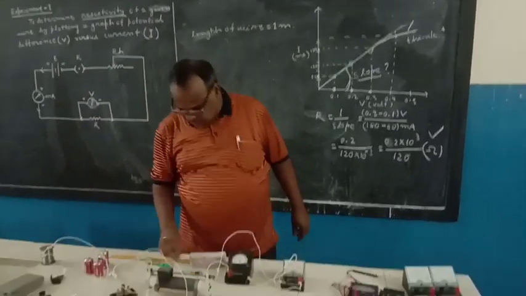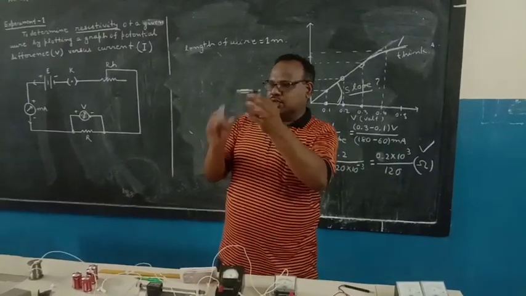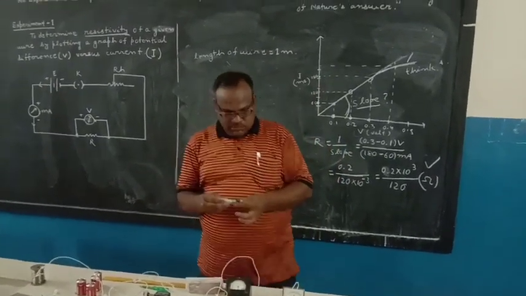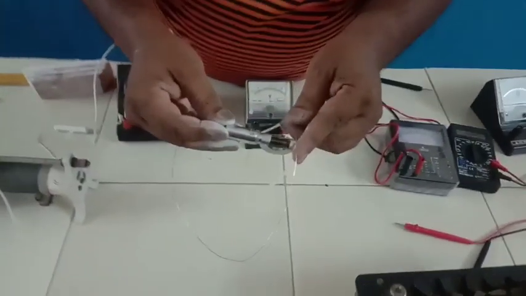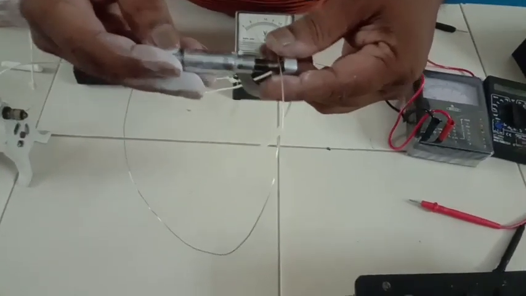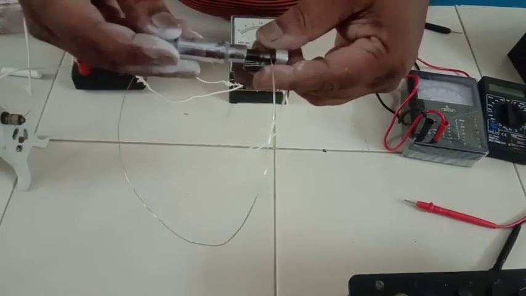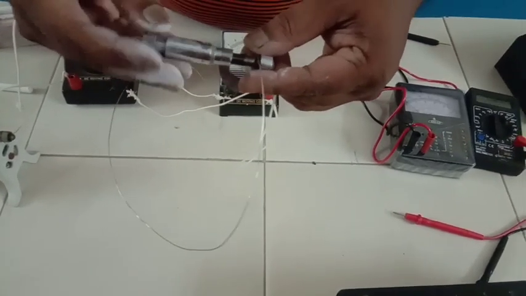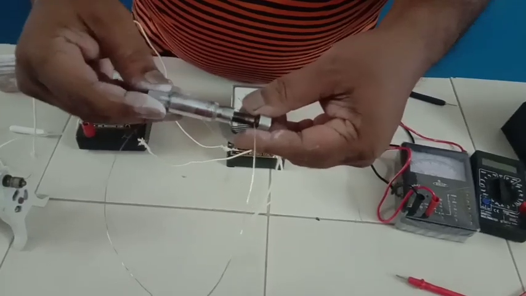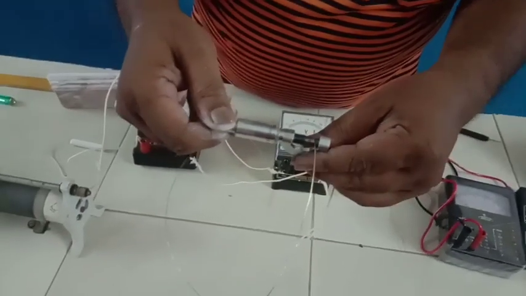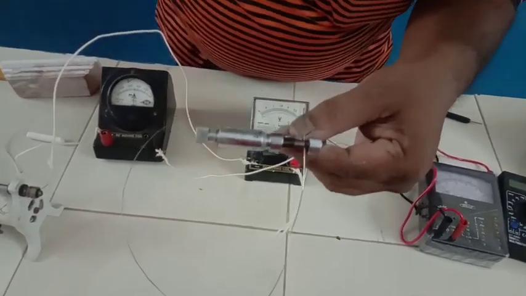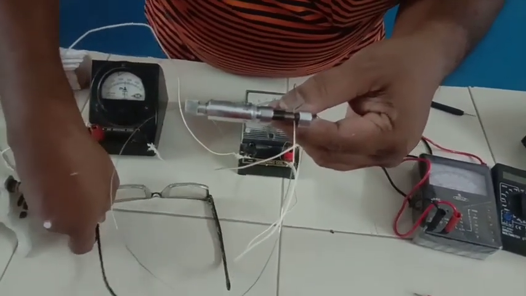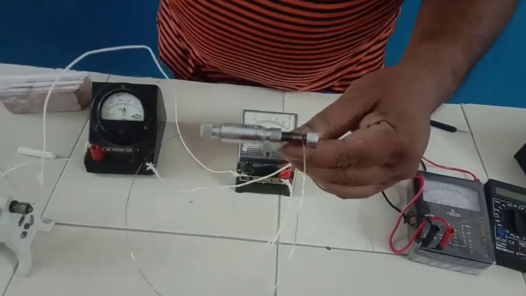For the calculation of the diameter, you take only one reading. So this is the screw gauge. Put it here and tighten it. Now I am getting the initial reading, 80. I am writing 80.